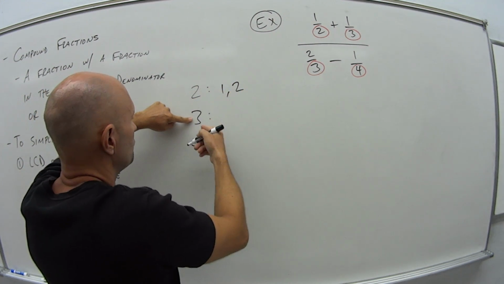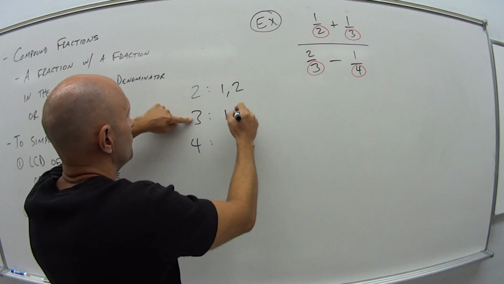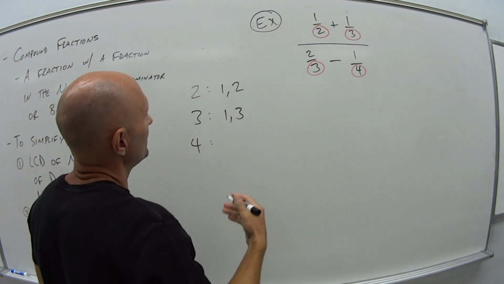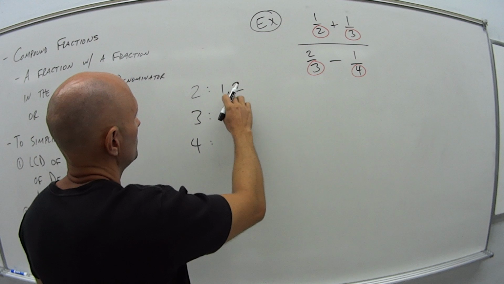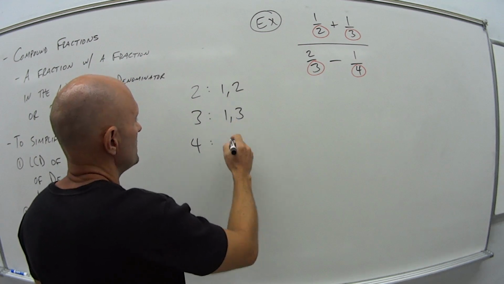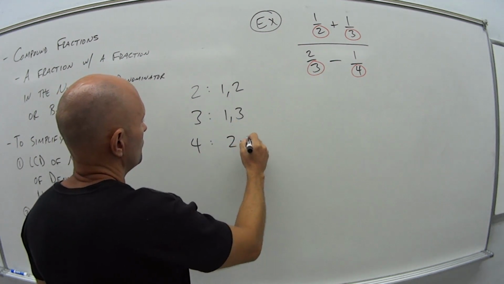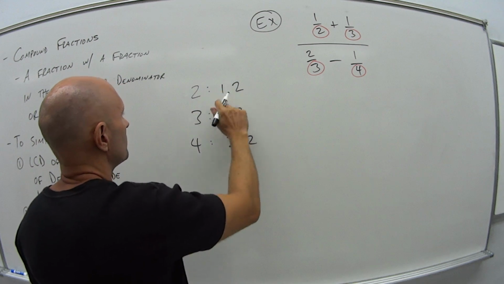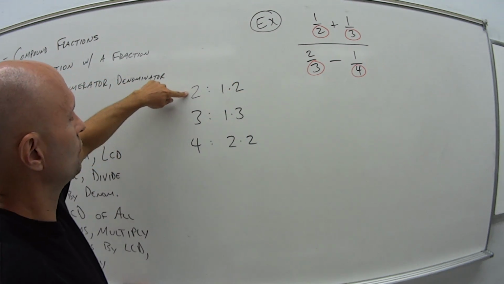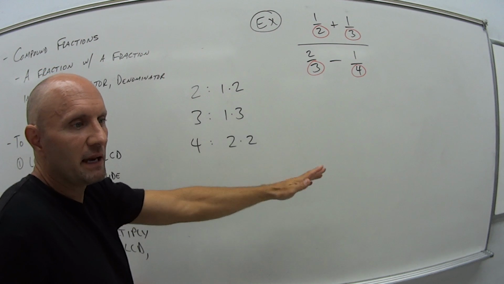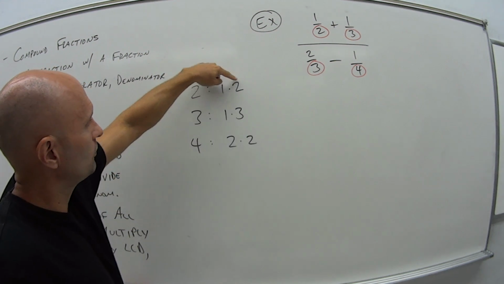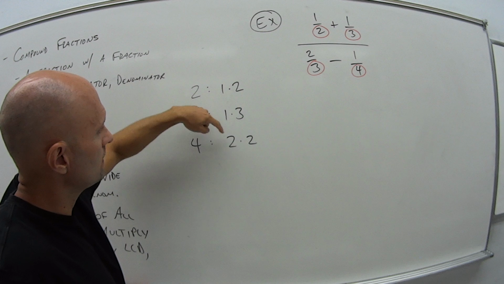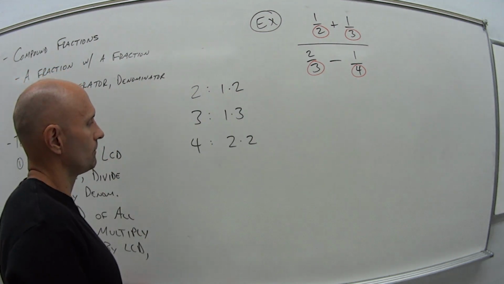The factors of 3 are 1 and 3. So I'm doing prime factorization. So 1 times 2, 1 times 3, and 2 times 2. That's probably a better way to break this down. I want to factor each into as many prime numbers as I can get: 1 times 2, 1 times 3, 2 times 2 for 4.